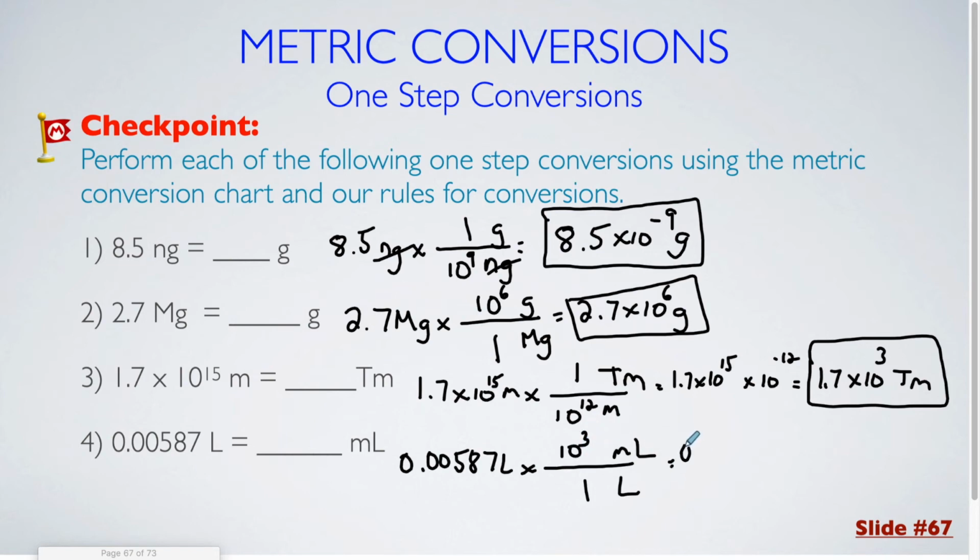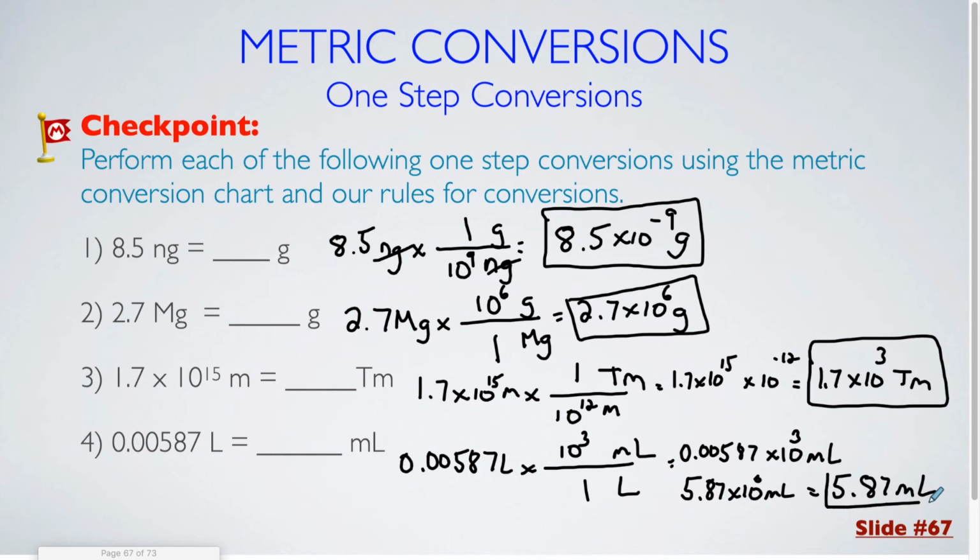So that comes out to 0.00587 times 10 to the third. This, of course, is not proper scientific notation. I do need to slide that decimal over a few spaces. So this is going to turn into 5.87 times 10 to the 0, which is the same as just 5.87.